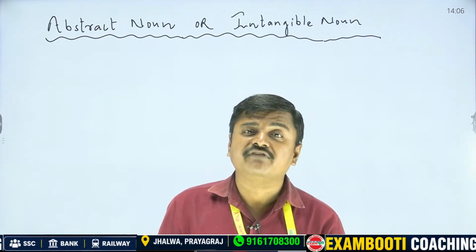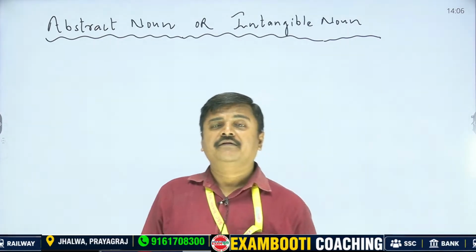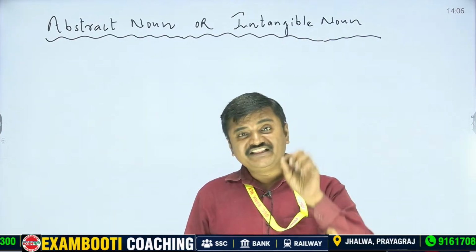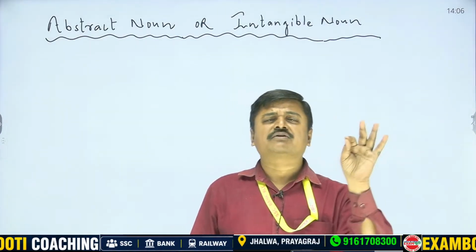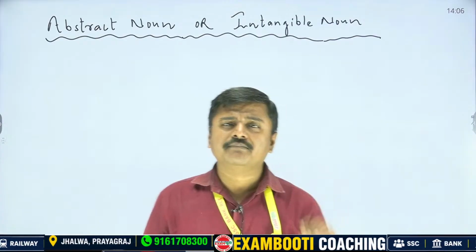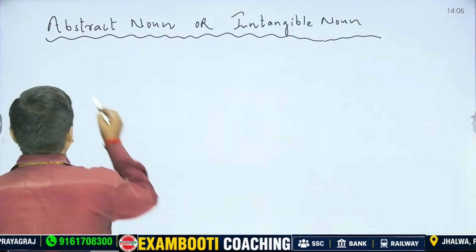So listen very carefully. The quality that is found within a person or place or thing is known as an abstract noun. Remember this. I am going to write it for you.